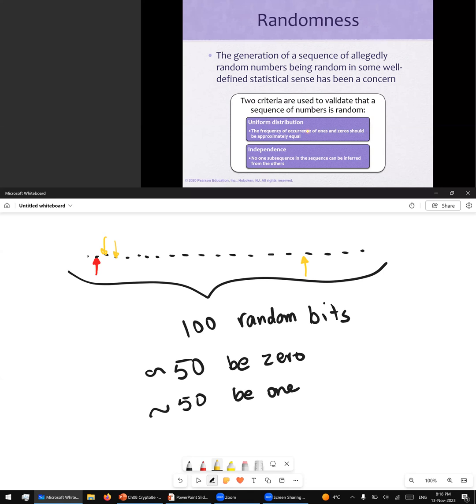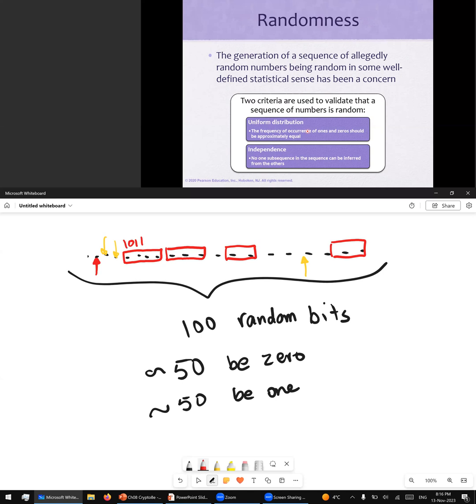And the same goes for subsequences. So if I take this subsequence of bits over here, whatever this thing is, let's say it's 1011, it should not affect what this subsequence is, or what this subsequence is, and so on. You get the idea, right? These should all be independent from each other.